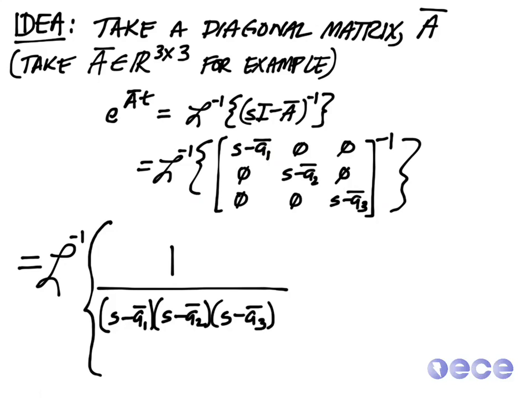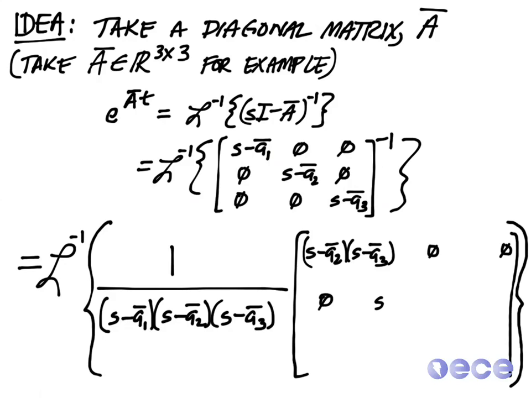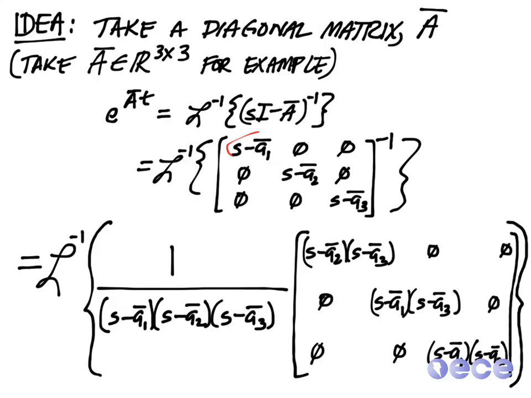And then along each diagonal element, you still have left in the numerator the product of the other pieces, leaving out the piece that used to be there. So here we have s minus a1 bar. After we invert it, the same element in the matrix is missing the s minus a1 bar piece. So we're left with s minus a2 bar times s minus a3 bar, where s minus a1 bar used to be.